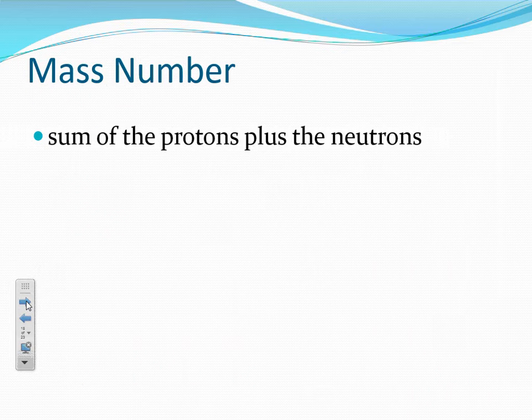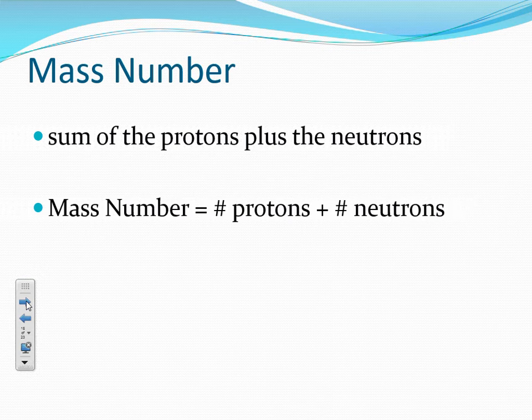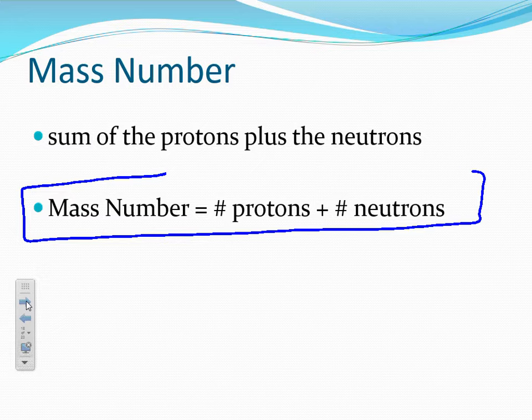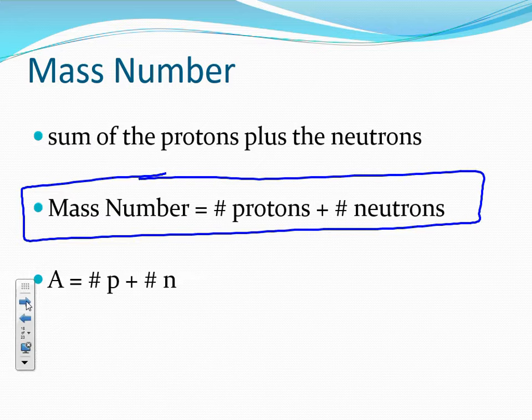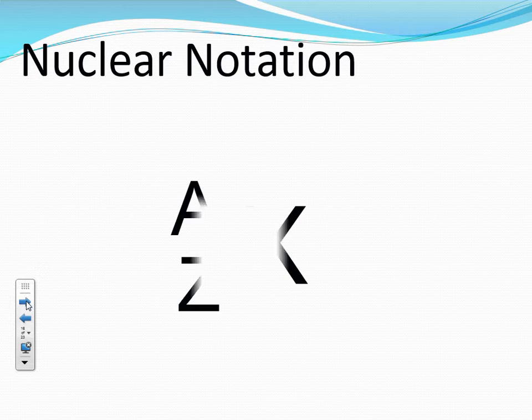Mass number. Mass number is the sum of the protons plus the neutrons, so you could just write an equation. Mass number equals number of protons plus neutrons. You could abbreviate this with this bottom equation. Remember, A is your mass number. So our nuclear notation is like this.